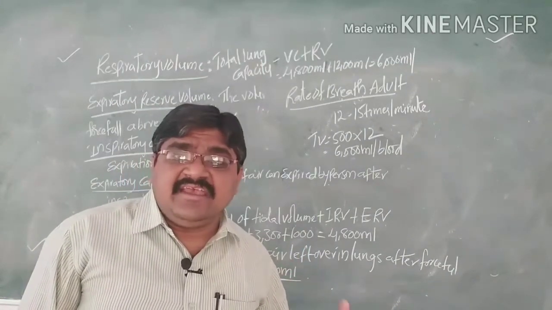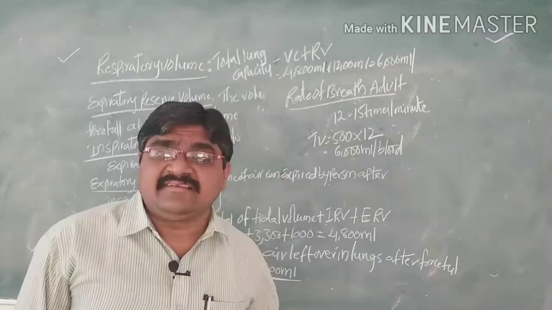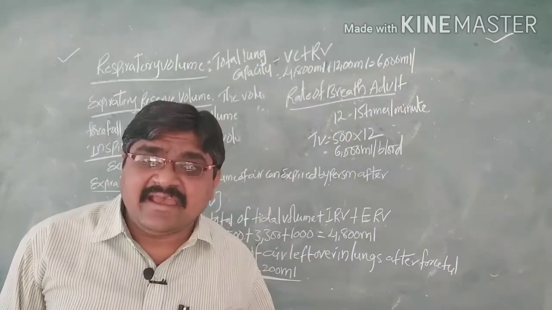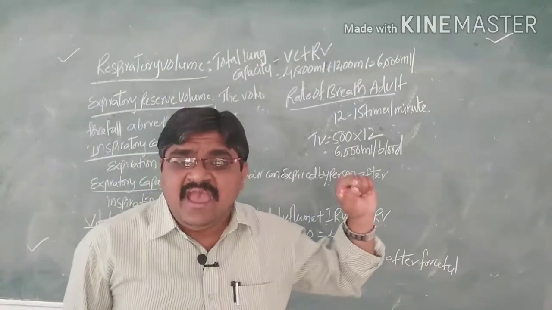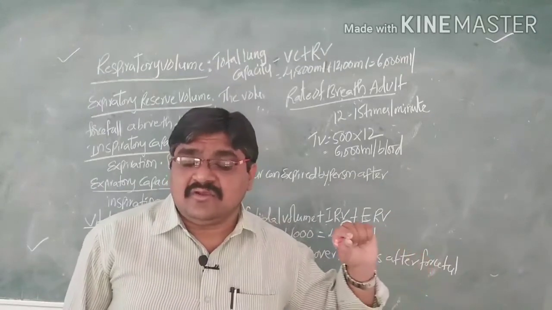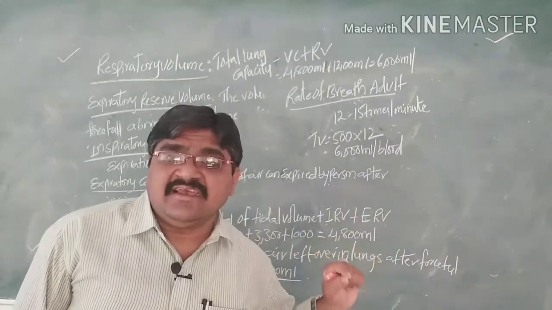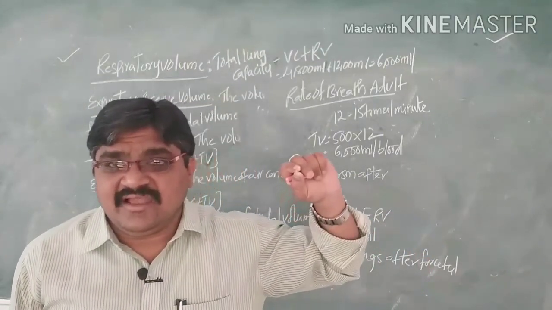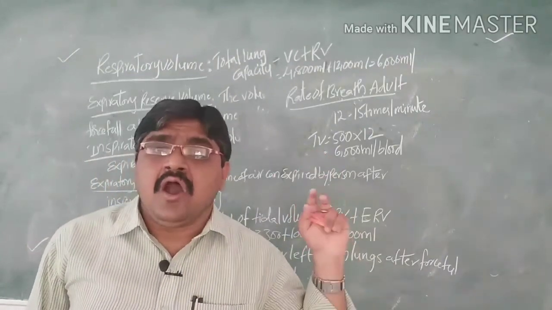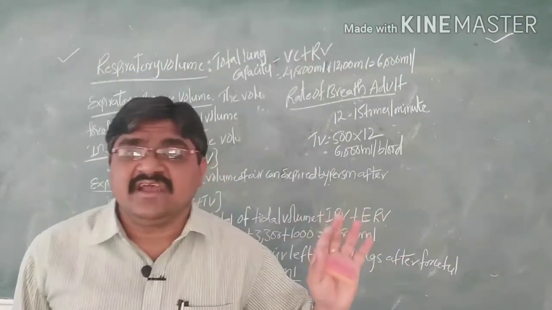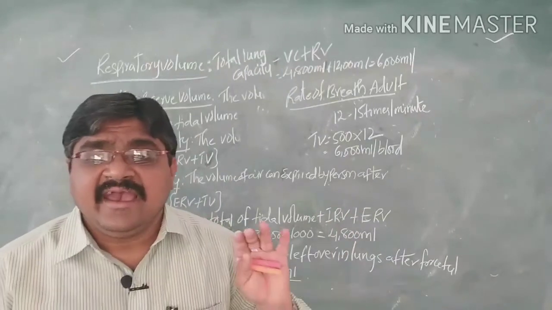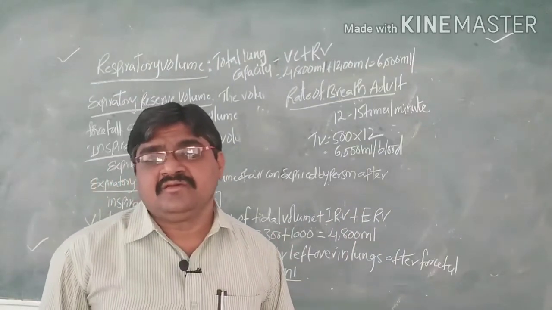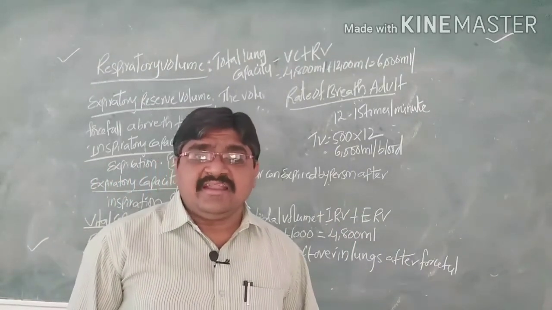In expiration, the carbon dioxide present in the blood capillaries passes through the alveoli to the lungs, and from the lungs it is expelled into the surrounding environment. This is how the process takes place.